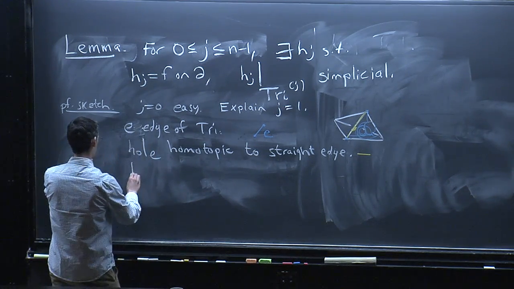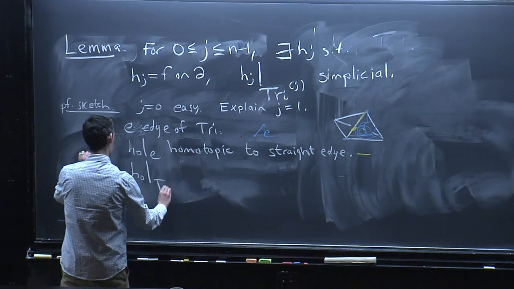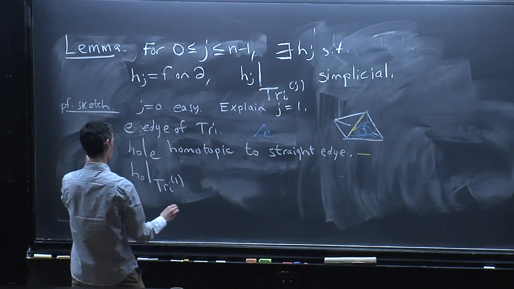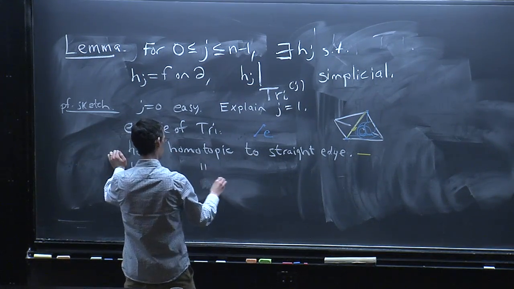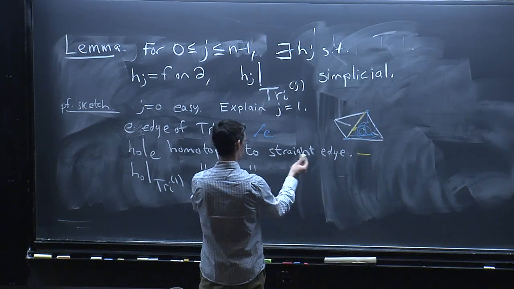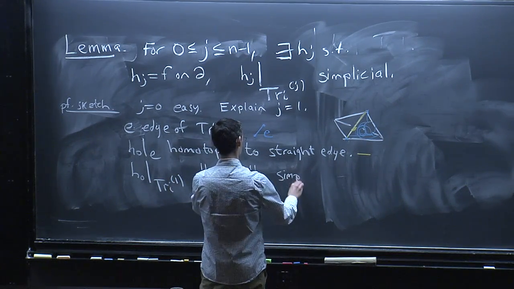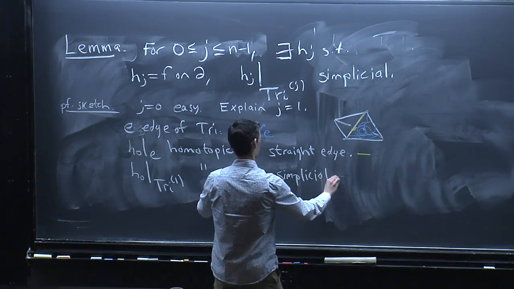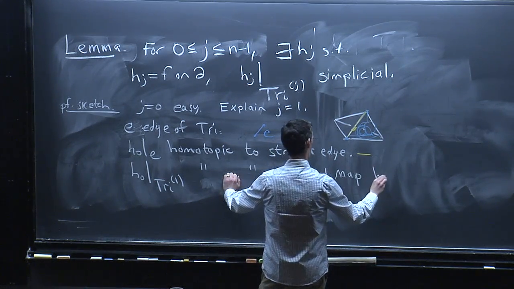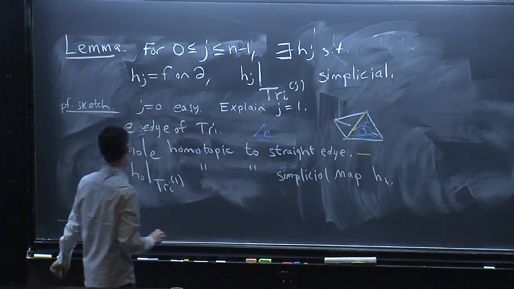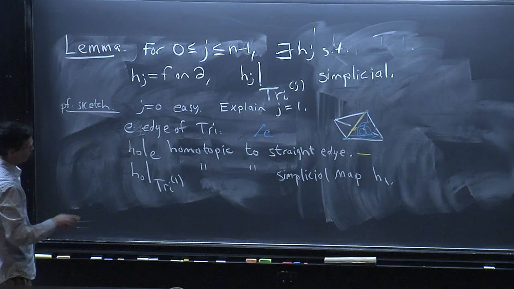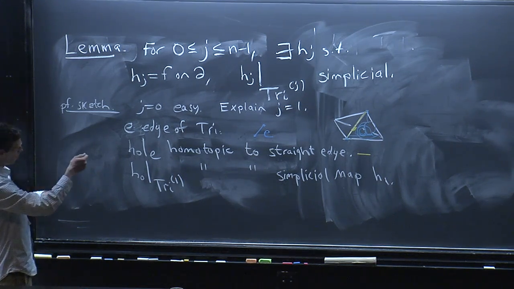So it means that if I take H0 restricted to the one skeleton of the triangulation, this is homotopic to a simplicial map called H1. Cool. So I figured out how to define H1 on the one skeleton.